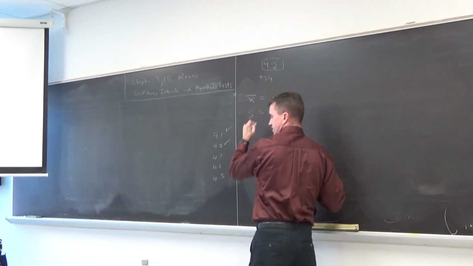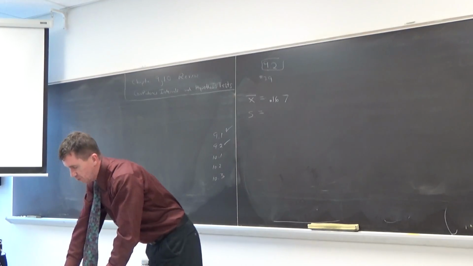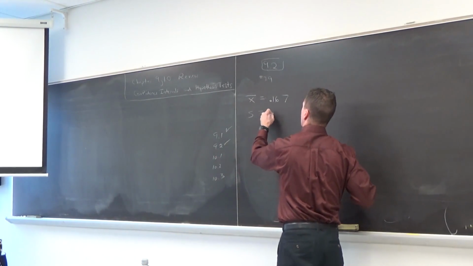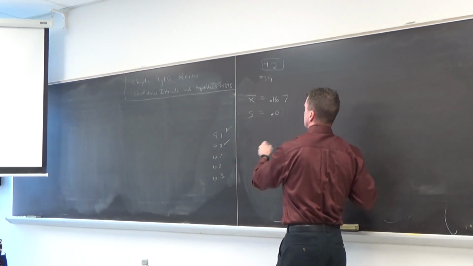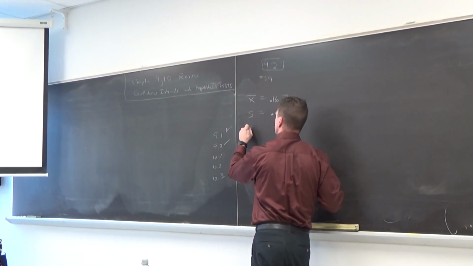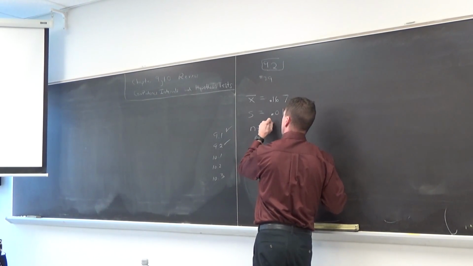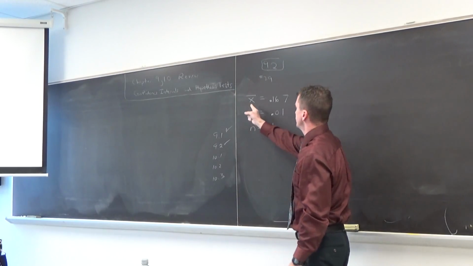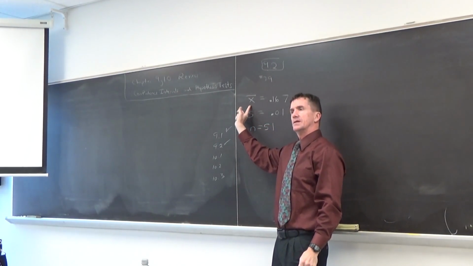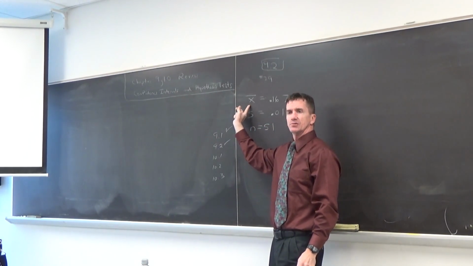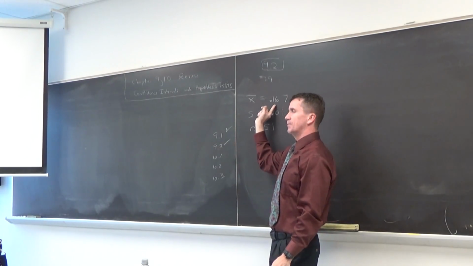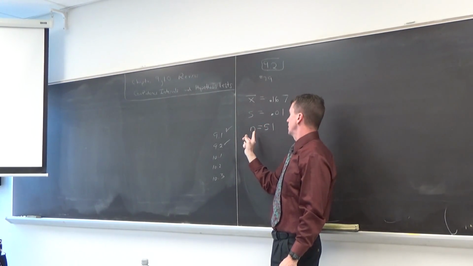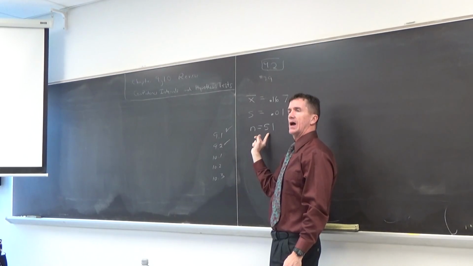The standard deviation was 0.01. And how many crashes was it? 51. Do you see mean? This was a sample mean average. Standard deviation 0.01. 51 fatal accidents.